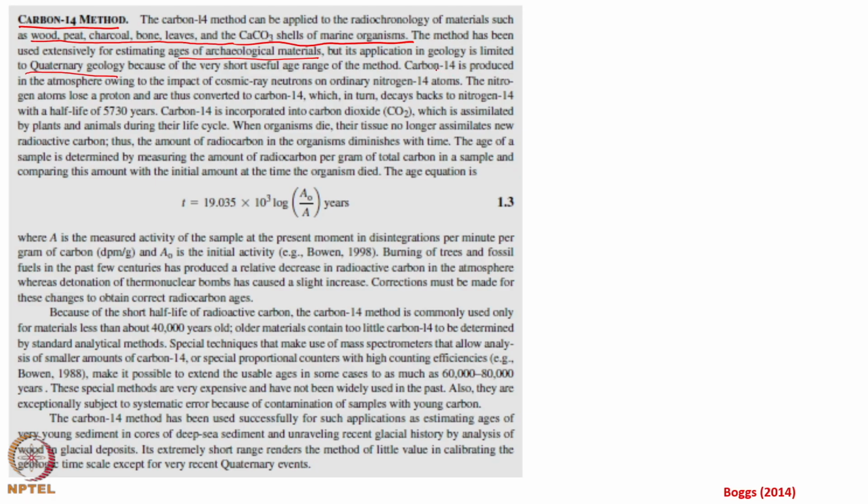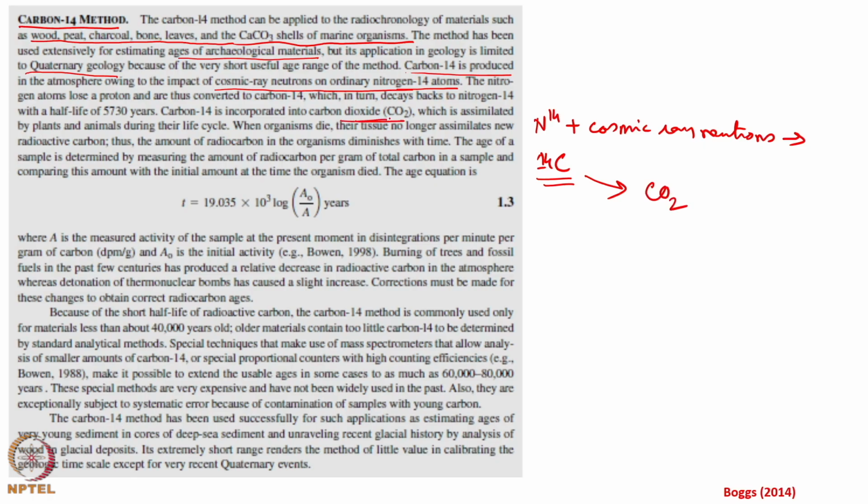C14 is produced in the atmosphere owing to the impact of cosmic ray neutrons on ordinary nitrogen-14 atoms. On N14, there are effects of cosmic ray neutrons and it produces carbon-14. This carbon-14 is incorporated in carbon dioxide.